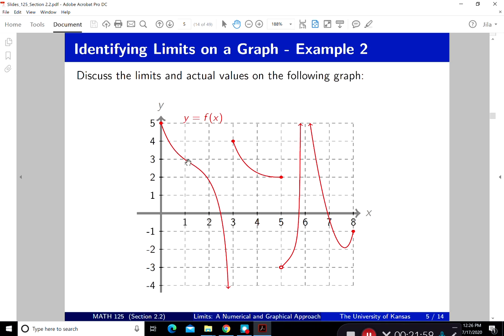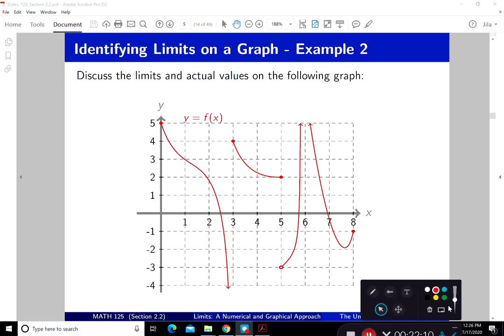So if there is no breakage anywhere on this function, the values of the function are going to match the limits. So for example, the limit of f of x as x approaches 2, either from right or left, is the same, and the y value that we get at x equal to 2, which is 1.8, I think, is the limit.